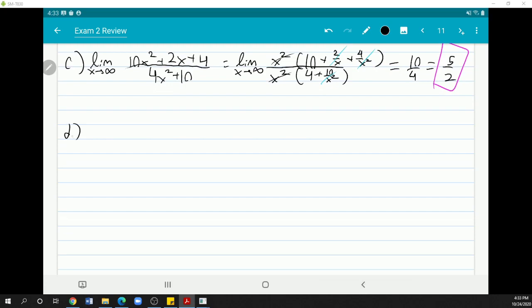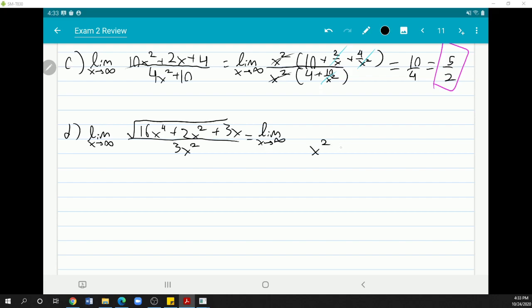Finally, D. This one's a little tricky. The limit as x goes to infinity of the square root of a big scary polynomial, 16x to the fourth plus 2x squared plus 3x, over 3x squared. Again, I want to take out an x squared here, on the top and bottom. But I need to be a little bit clever.